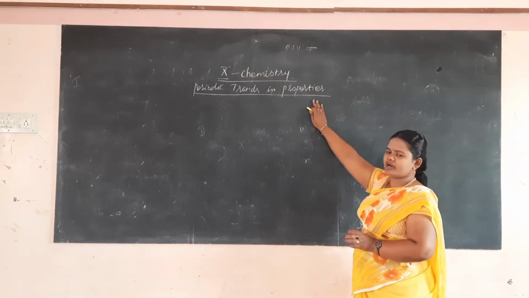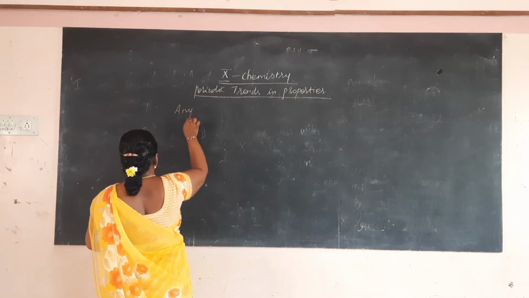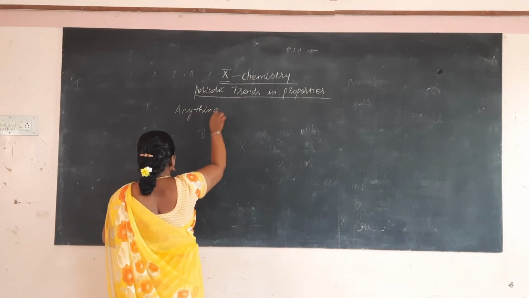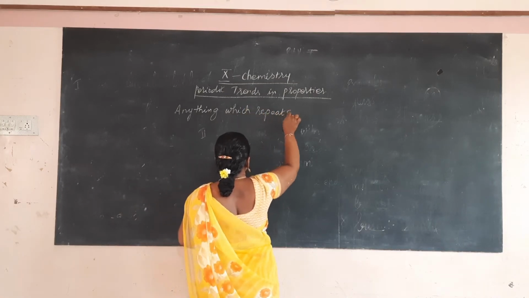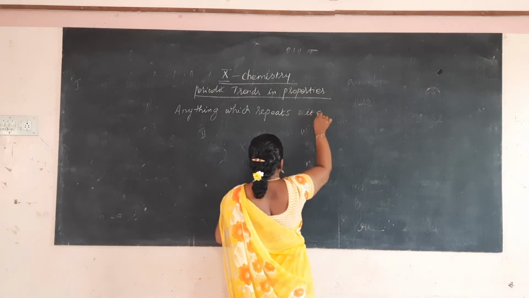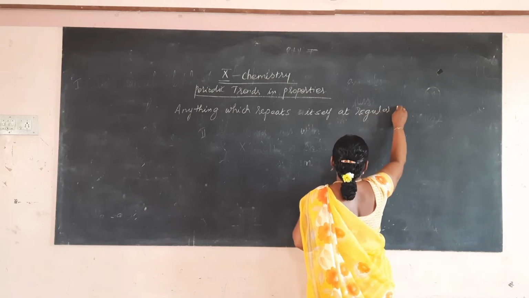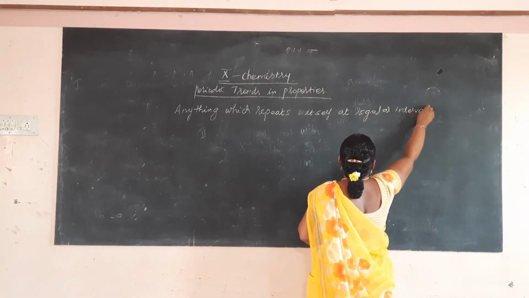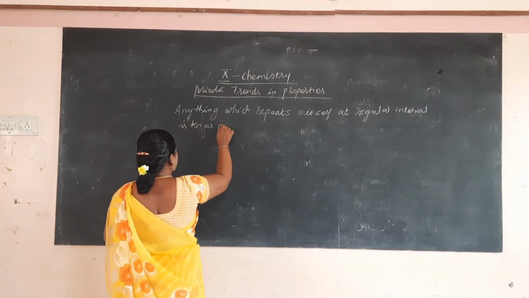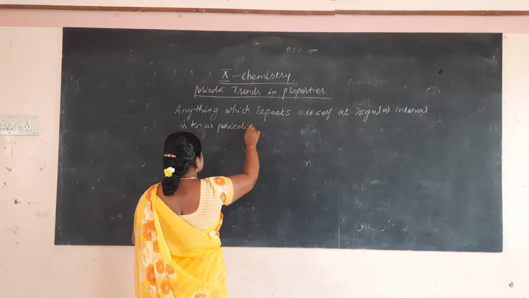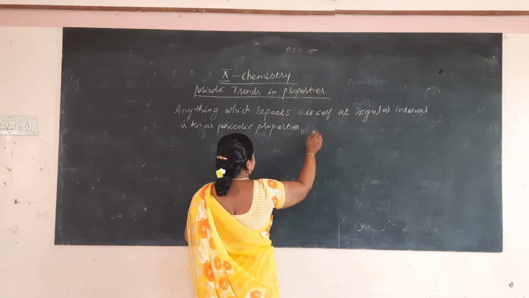So what is a periodic property? Anything which repeats itself at regular intervals is known as a periodic property, and the phenomenon is known as periodicity.